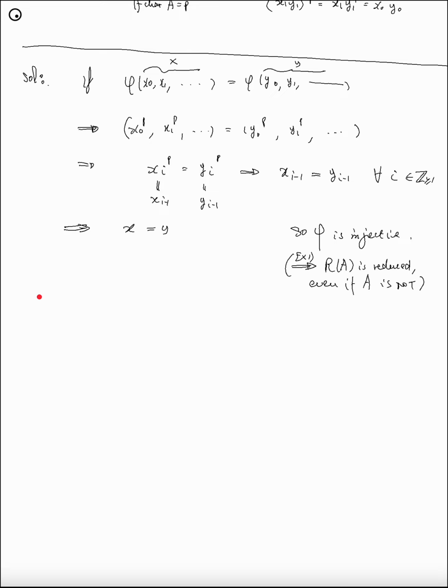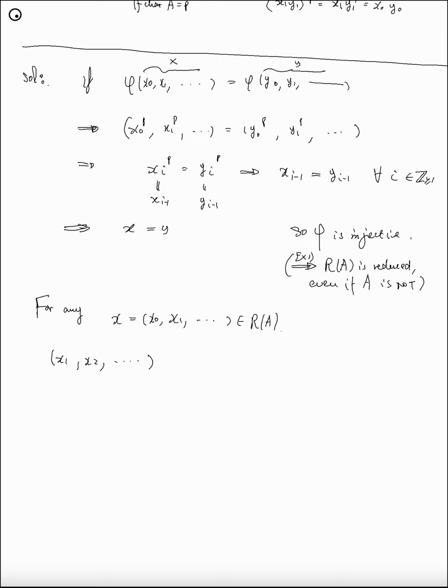Conversely, let's show the surjectivity. So for any x in R_A, we claim that x1, x2, and so on, we are just shifting to the left by 1 position.